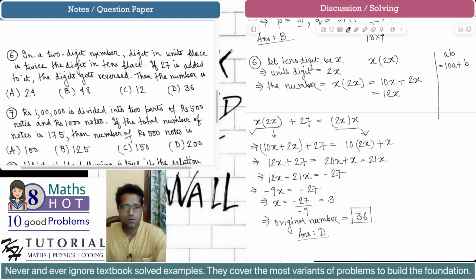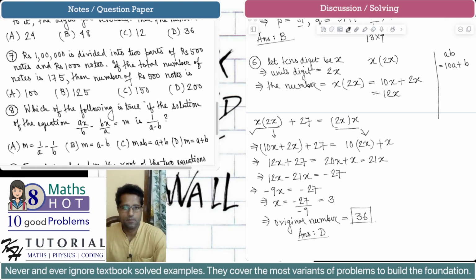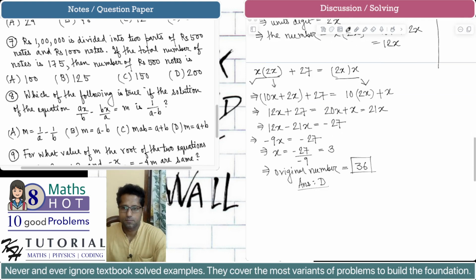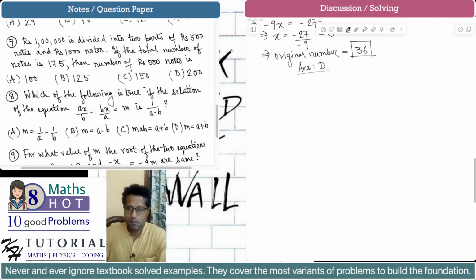Okay, let's do problem number 7. It is given that rupees 1 lakh is divided into two parts of rupees 500 notes and rupees 1000 notes.